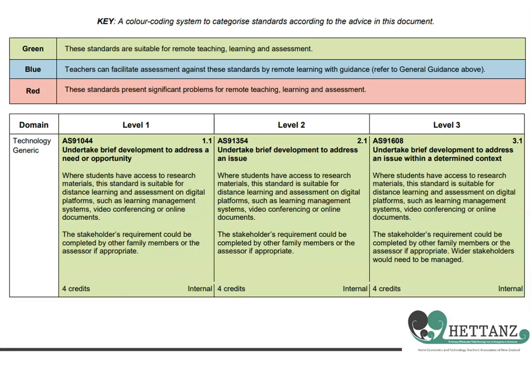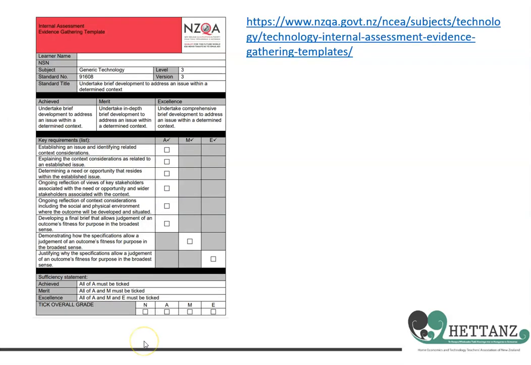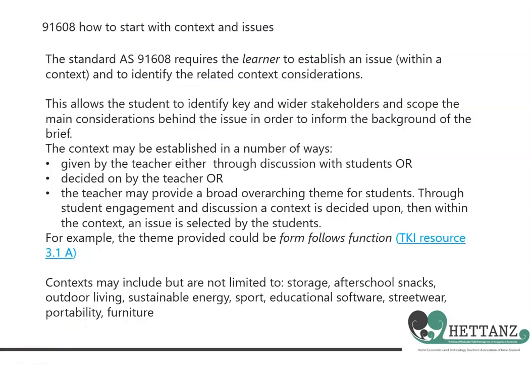This shows that level 3 AS91608 is rated as green and means that it is entirely suitable for remote teaching, learning and assessment. One further useful resource that has been developed by NZQA is this evidence gathering template. And this is also available from the technology subject homepage at NZQA.